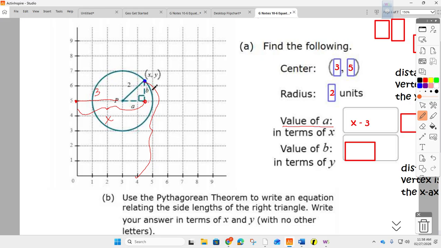So if this is in terms of y, it's y minus the y coordinate. So if we give this side length in terms of x, it's x minus 3. And for B, the vertical side length, in terms of y, would be y minus the y coordinate at the center point.